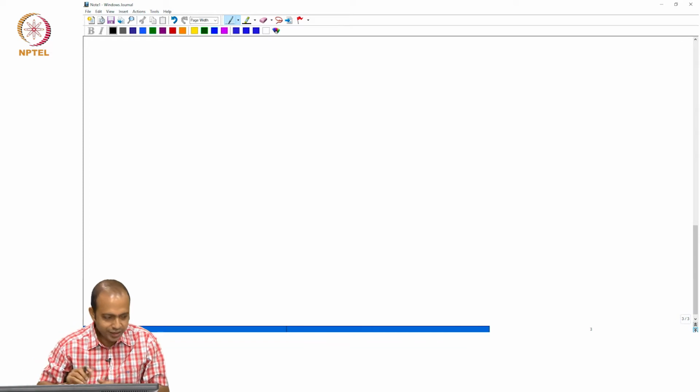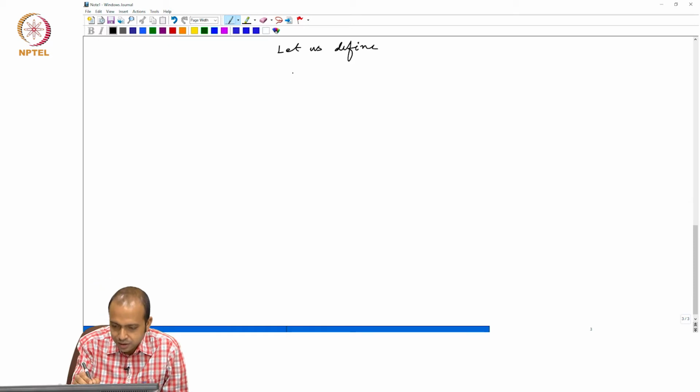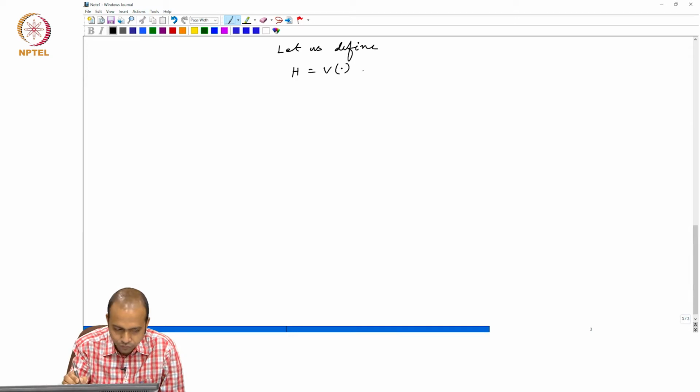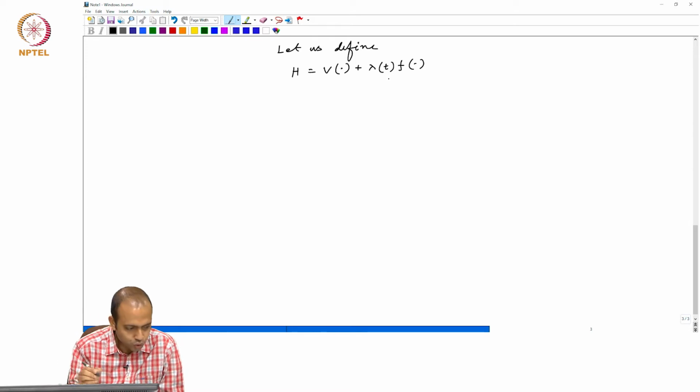That is the thing. Now, in the next step, let us define capital H equals v dot plus lambda t into f dot. So, if we do so, see this v is actually a function of, if you recall, y t, x t and t. So, ultimately this h will also become like this.